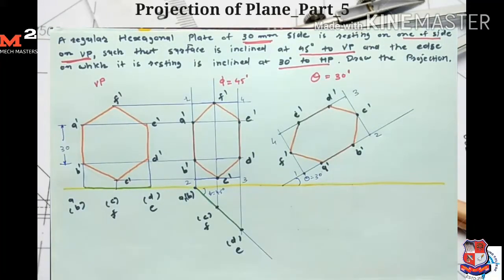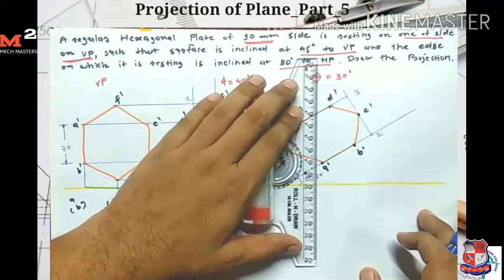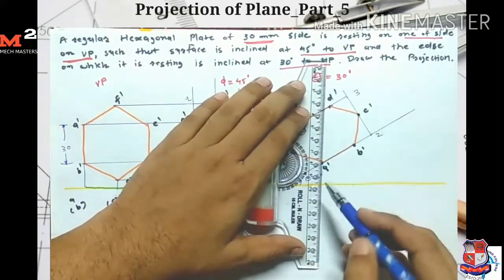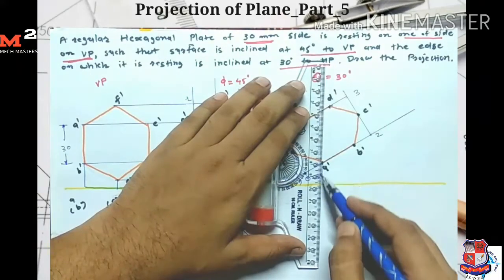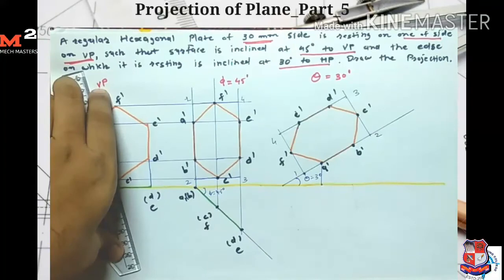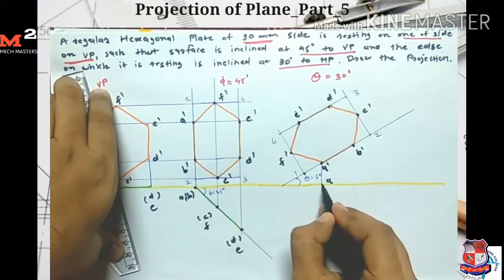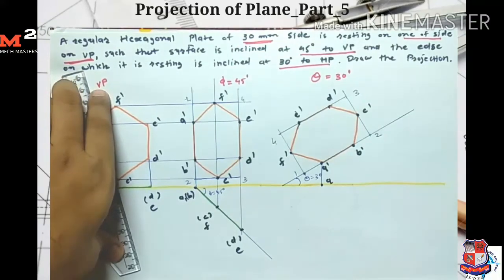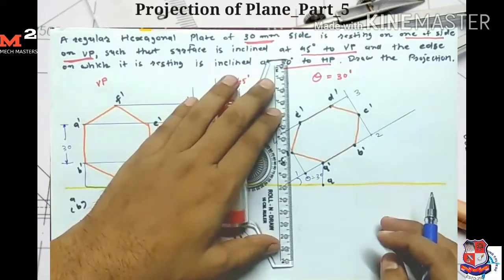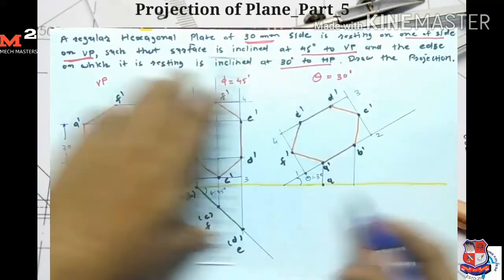Now for drawing the top view, I simply take the projection from all the points. First I take the projection from point A dash. I get the projection from here and from here. So here I get my point A, A dash and A point. Now for point B, I take the projection from here and from here.